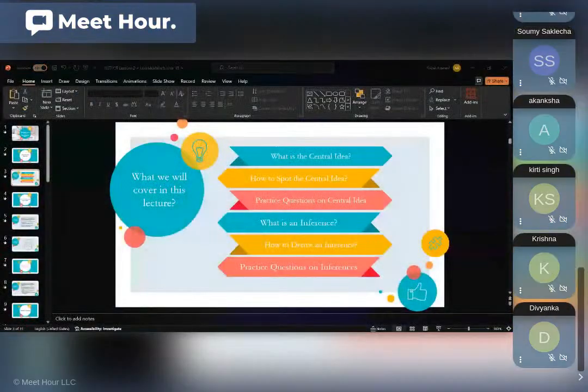Can all of you see the screen? Is it visible? Yes, sir. Okay, great. So we move to the next slide. Just let me know if you can see the slides changing as well.